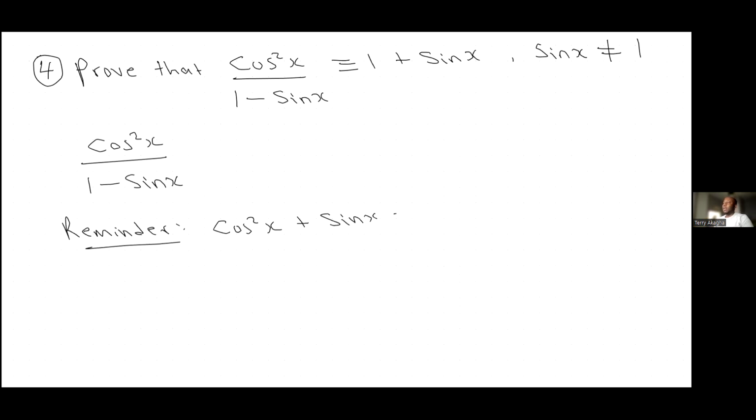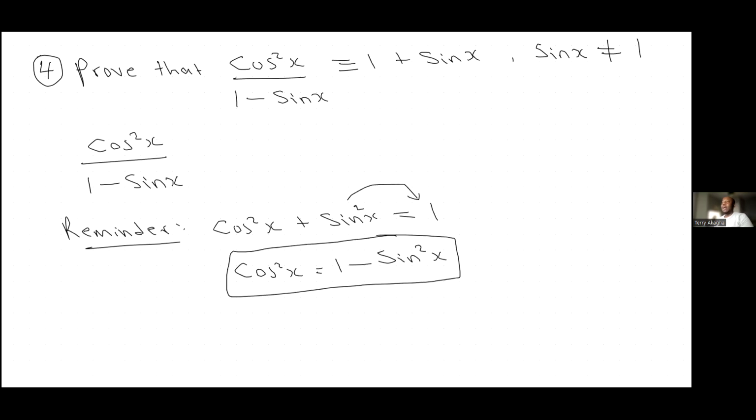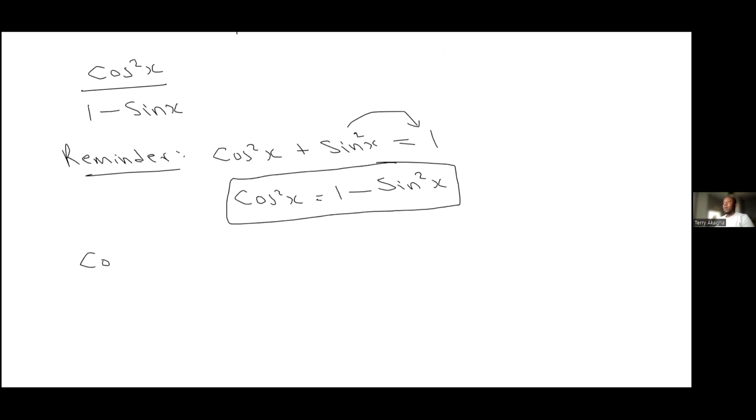If you take sine squared x to the other side, cos squared x is equal to 1 minus sine squared x. So I can replace this cos squared x with 1 minus sine squared x. That means cos squared x over 1 minus sine x will be equal to 1 minus sine squared x divided by 1 minus sine x.